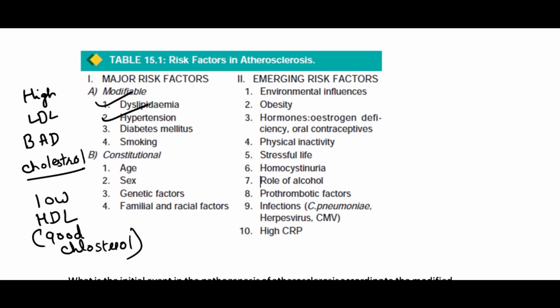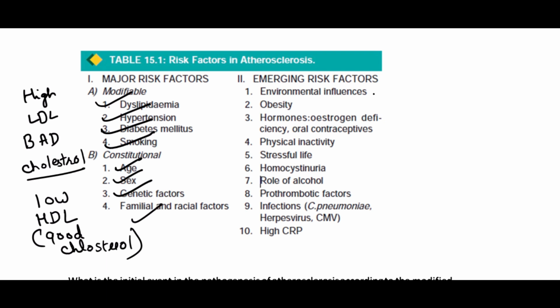Diabetes mellitus, high blood sugar levels contribute to arterial damage. Smoking. Other is the risk increases with age. Men have more risk than the women. The woman's risk increases after the menopause due to the lower estrogen level. Family history of atherosclerosis or related conditions increases the risk. Family history of related conditions like diabetes and hypertension also affects.